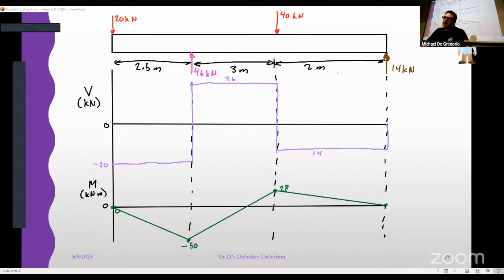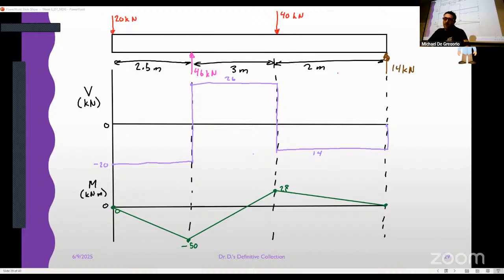That's an excellent question. And yes, the answer is yes. We'll talk about another method for doing these next class. I don't like when people say it's by inspection, but what is the mathematical relationship between shear and bending moment? Because there is one, right?